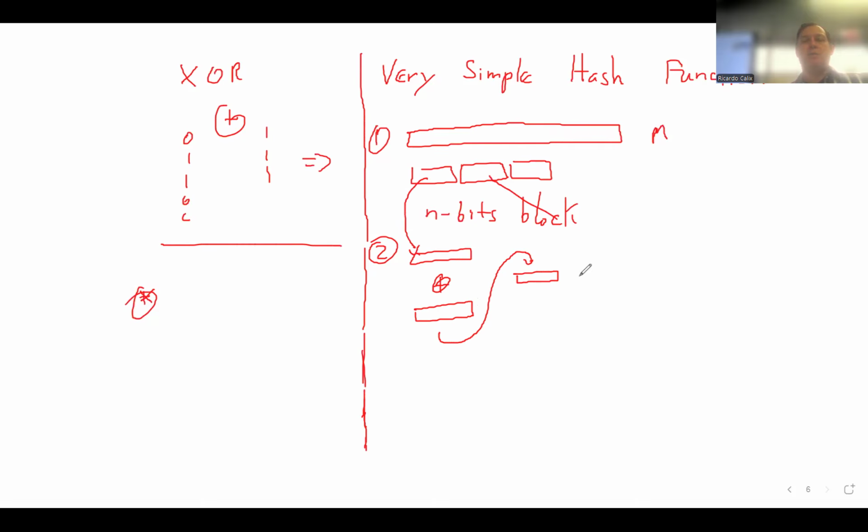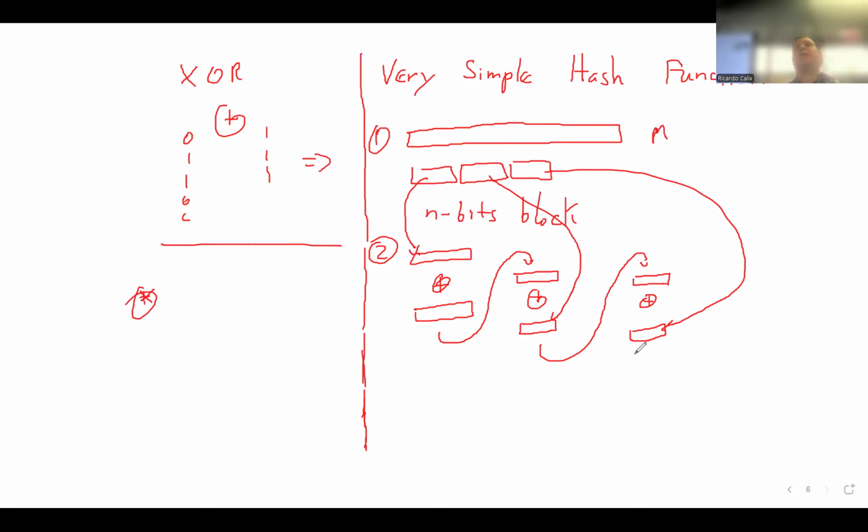Now we take the second block, XOR it with this, that produces another block over here. Then we XOR that one with a new block. And that's it. In the end, we have a block of size n bits that is essentially the hash value. Do you see that?